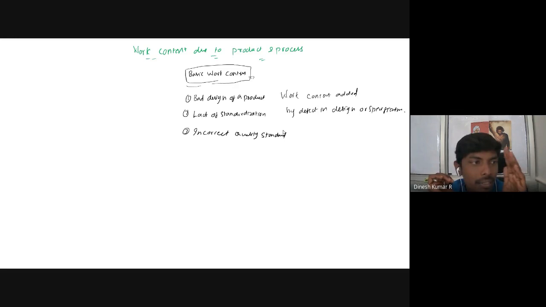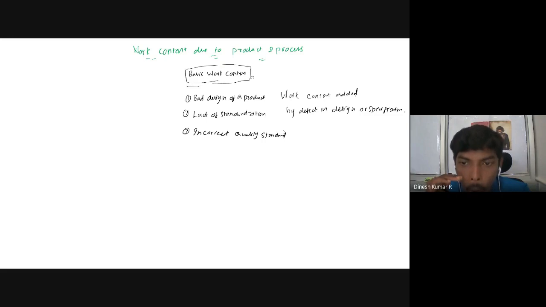So lack of standardization is the mistake you are making with your design aspects, and incorrect quality standard is the mistake you have made in getting your product output. So these two make a vital difference. Lack of standardization is only dealing with your design, and incorrect quality standard is going to discuss your component or product.